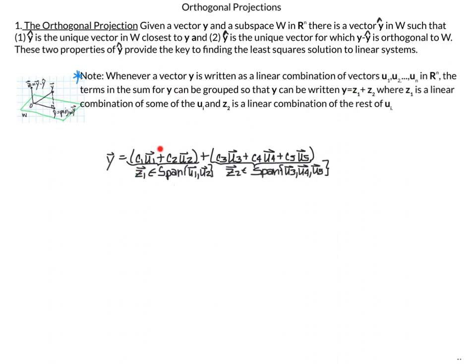Here I chose z1 to be in the span of u1 and u2, so it's a linear combination of u1, u2, and then z2 is a linear combination of the remaining u sub i. So it's a linear combination of u3, u4, u5. In other words, z2 is in the span of u3, u4, u5. Written out like this it seems obvious, but this is the note we're going to use.